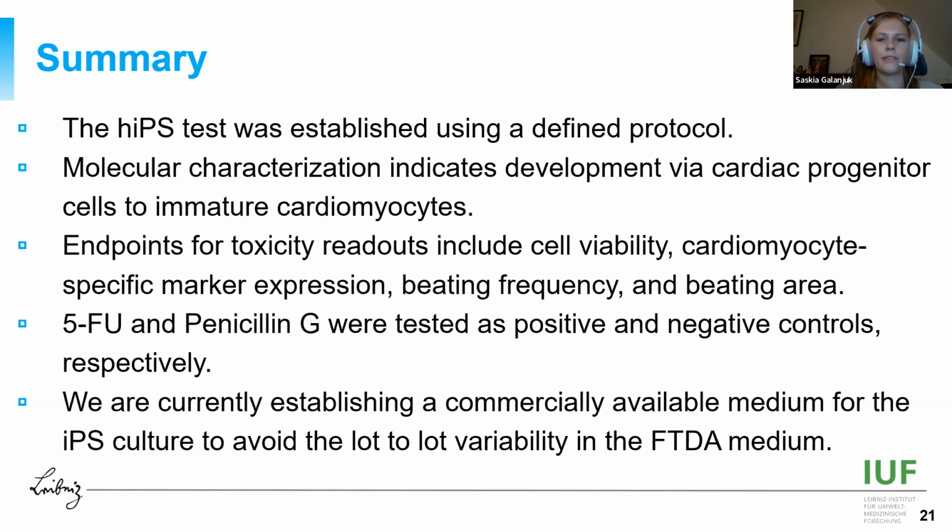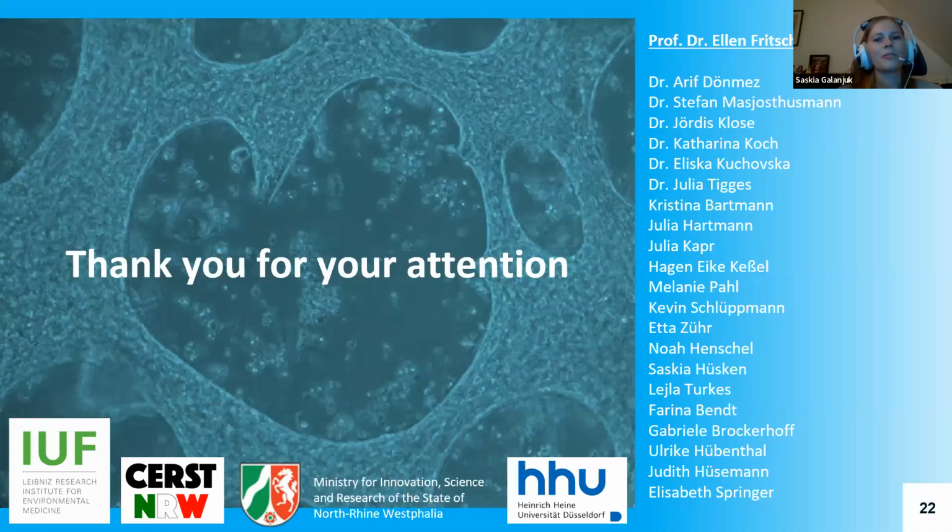So far, 5-FU and penicillin G were tested as positive and negative controls, respectively. And as I mentioned before, we are currently establishing a commercially available medium for the iPS culture to avoid the lot-to-lot variability in the FTDA medium. With this, I would like to thank my coworkers and the sponsors for their support, and you for your attention.